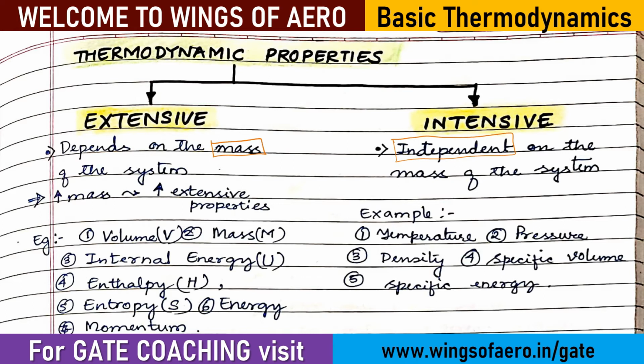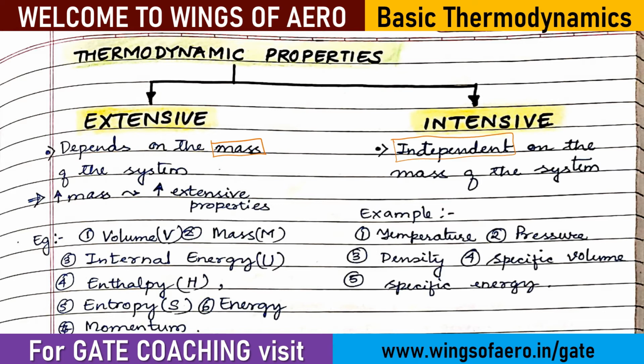Now sometimes in exams, it's very common to get confused, though you have practiced. Here I can tell you some tricks to avoid confusion, or how you can remember. We know the thermodynamic property has two types, that is extensive and intensive.